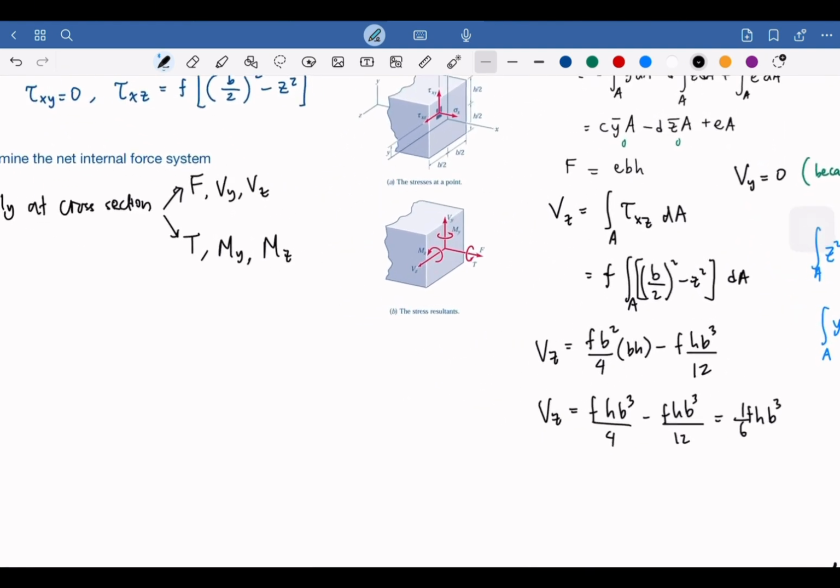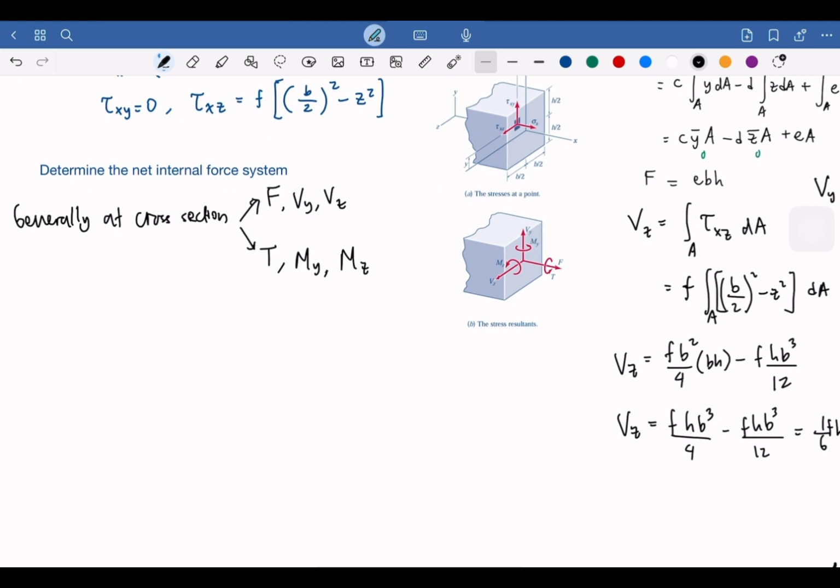Okay, and then the M and the T. So let's start from the torque. So torque is the integral of y tau xz dA minus z tau xy dA.